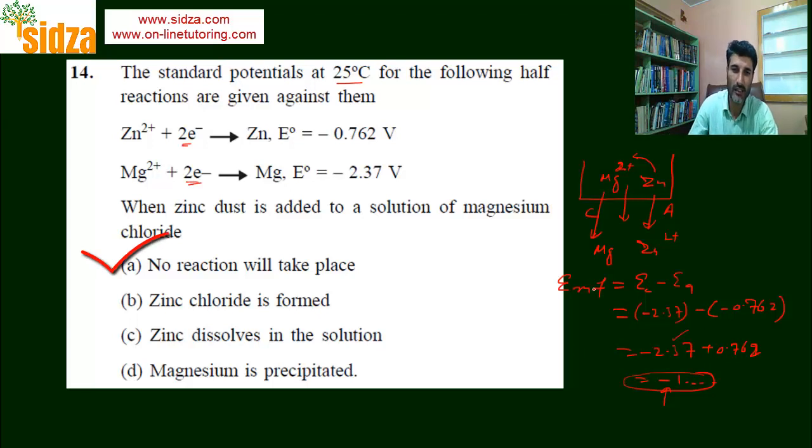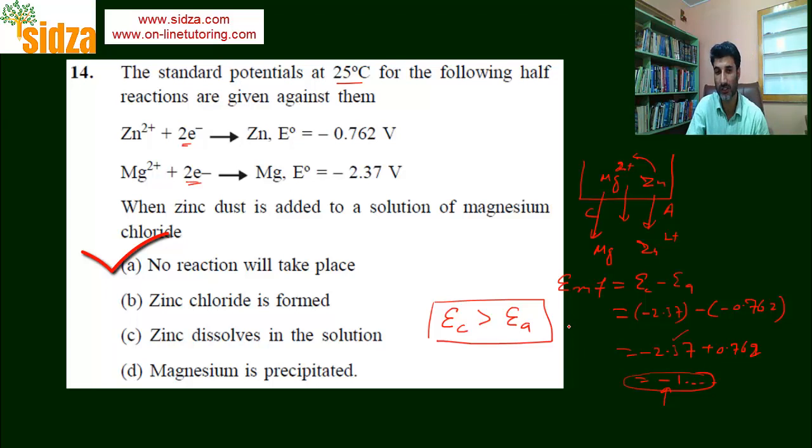The reaction is only possible with a positive EMF, which means the reduction potential of the cathode should be higher than that of the anode. The cathode should have the higher reduction potential than the anode, only then can the reaction take place.